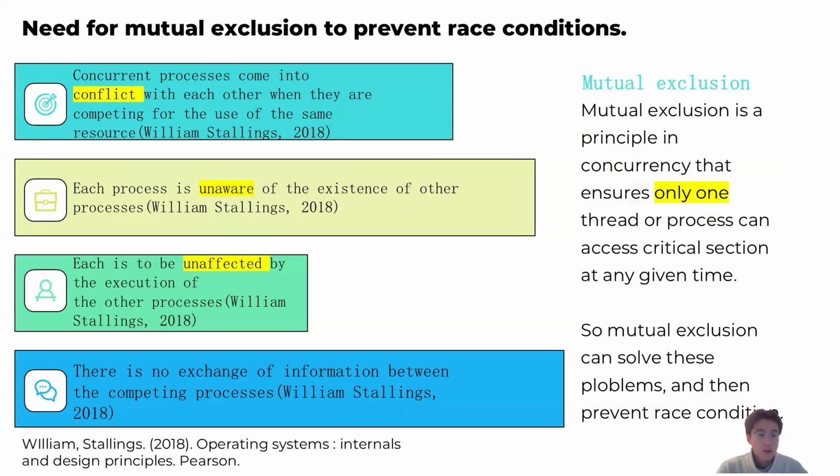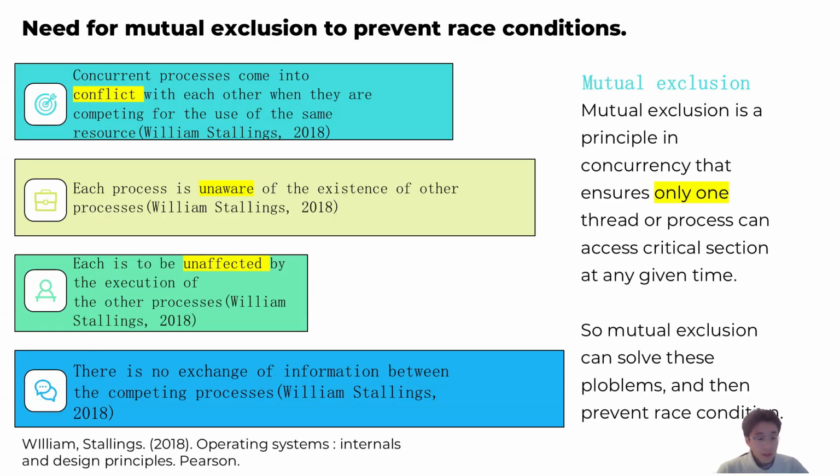So there is a need for mutual exclusion to prevent race conditions. As William Stallings said, concurrent processes come into conflict with each other when they are competing for the use of the same resource. Each process is unaware of the existence of other processes, and each is to be unaffected by the execution of the other processes.